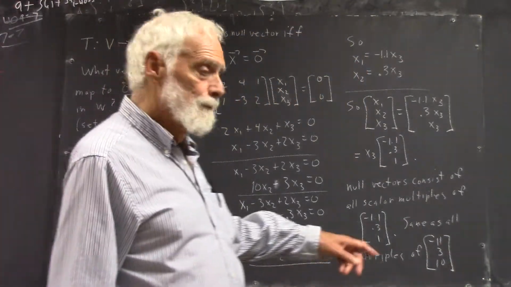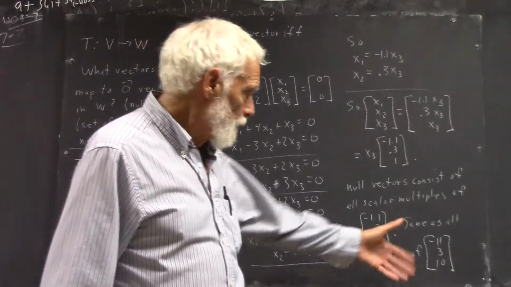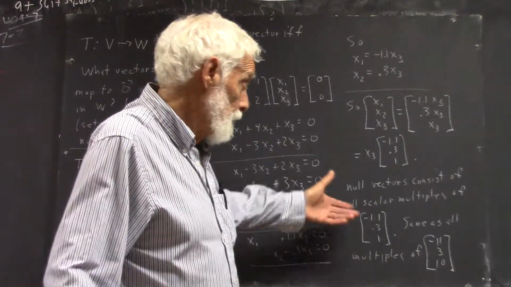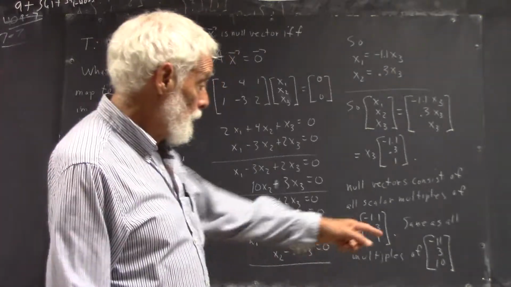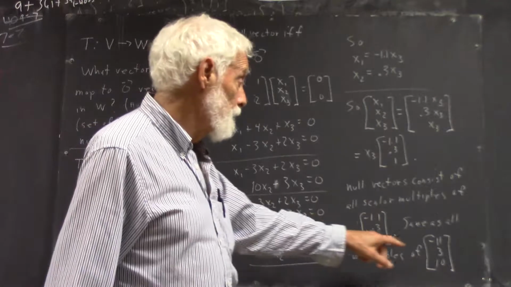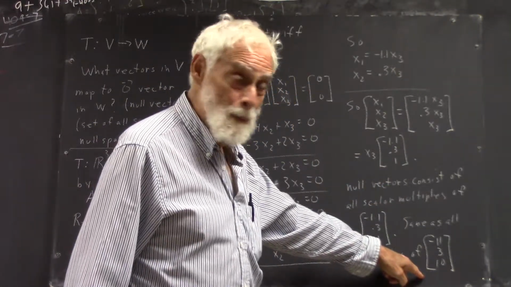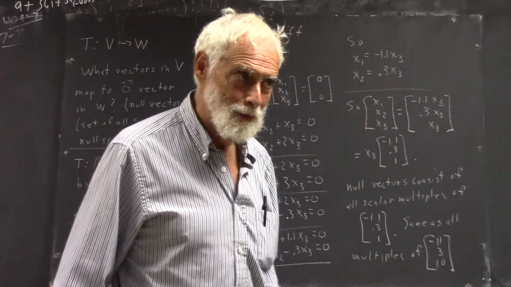Say the same thing for multiples of this, so you don't have these decimals. So you can think in terms of integers, right? Sometimes it doesn't hurt to think in terms of decimals. Sometimes it's easier to think in terms of integers, especially if you're going to multiply by this matrix. If this matrix times this vector gives you 0, then this matrix times this vector has to give you 0. And this matrix times any multiple of either of these vectors gives you 0.